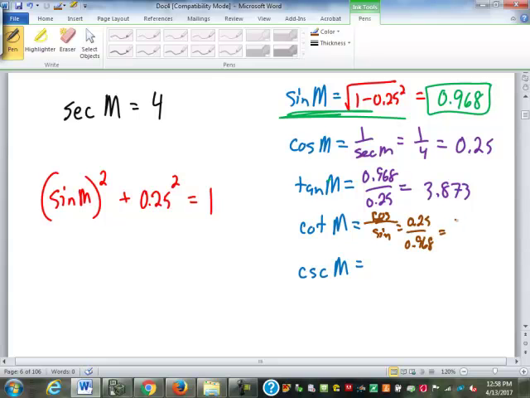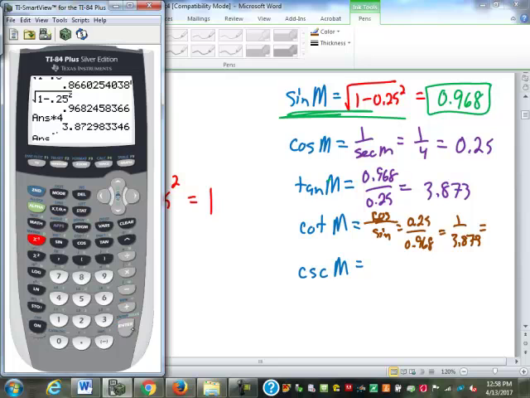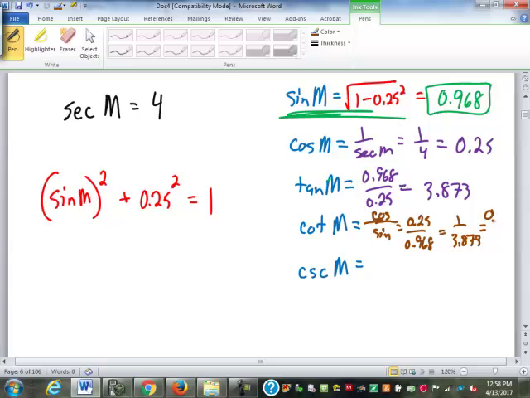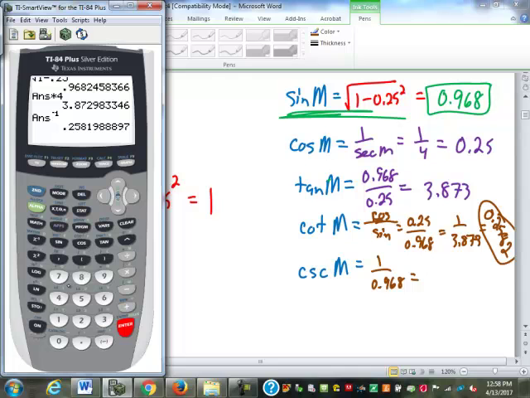Or we could have done 1 over the 3.873, the reciprocal of the tangent. 0.2582 is my cotangent. Cosecant: 1 over the sine. 1 over 0.968. 1.033.